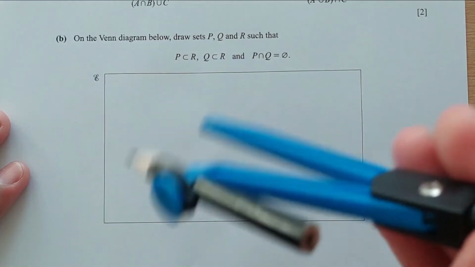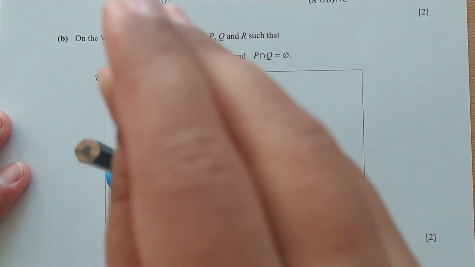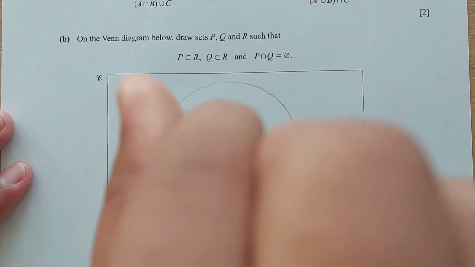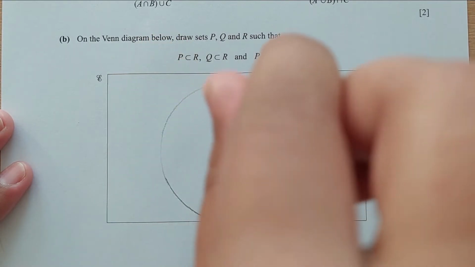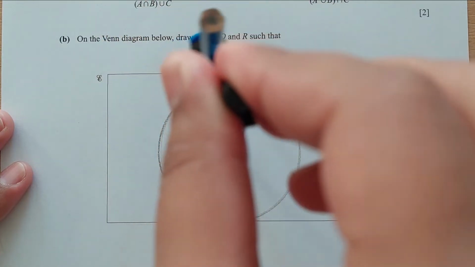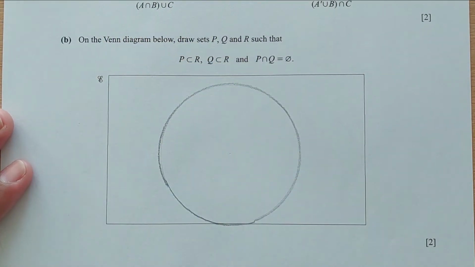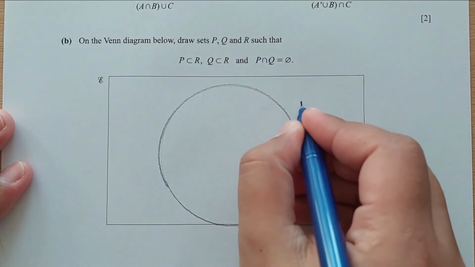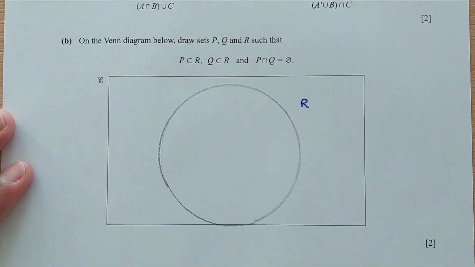So let me draw the big set R, the big circle. Okay, so this is the set R, right? Now P is inside of R and Q is also inside of R.